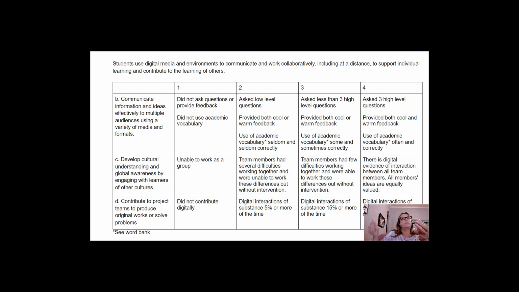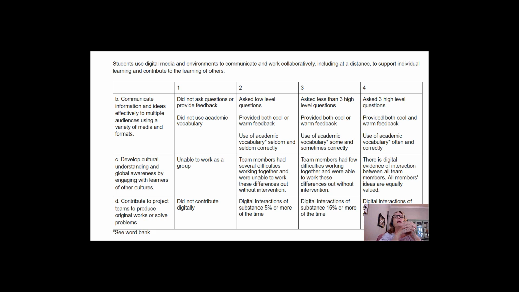So I'm going through those comments and 3 of them need to be high-level. Provide both cool and warm feedback. So I want them to give some plus deltas, things they can improve on and things that you love. And then I also wanted to focus on academic vocabulary. I started that because I wanted to provide them with a word bank of what vocabulary I'm looking for, okay?